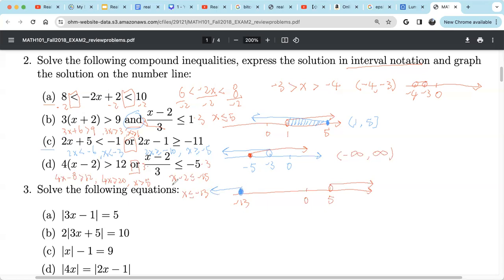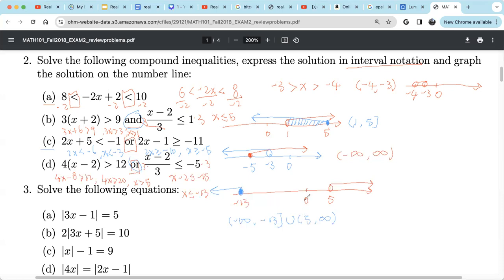Right? Then "or" means union. So the first set is from -infinity, we always go from the small number on the left, up to -13 including -13 with a bracket, union, not including 5, up to +infinity. Okay, "or" is taking the union and "and" is taking the intersection.